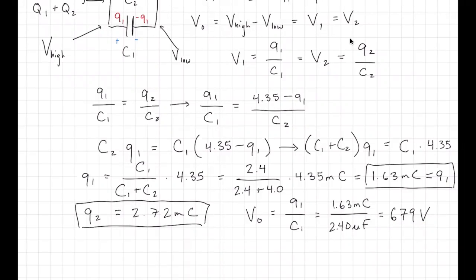So the way to think about it was just in terms of the charge, the physical aspect of the charge moving around until equilibrium was reached. So that's part A. So I guess I'll box that result too, equals V naught.